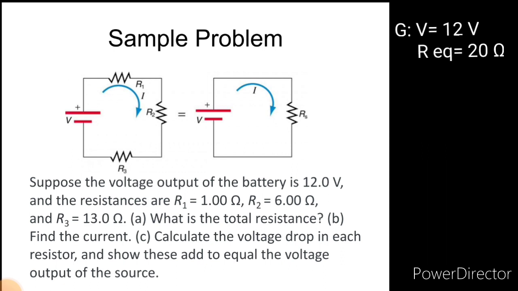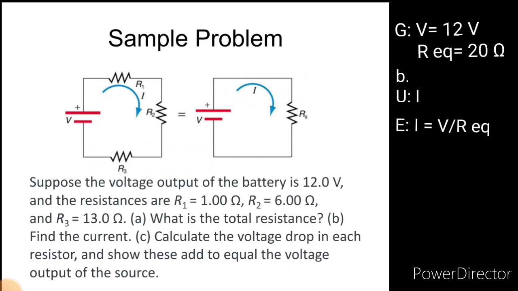Okay, next, letter B. Find the current naman. Again, sa ating series connection, we have the same current sa ating mga resistors. So I is the same for the 3 resistors. At since ang formula natin is I is equal to V over R. Okay, nakuha na natin yung equivalent resistance dun sa ating tatlong resistors at meron tayong voltage which is 12 volts.